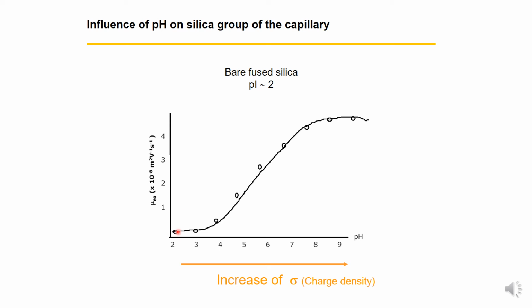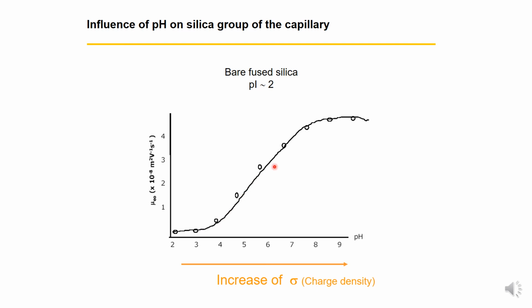So we have to see the silica group and the protonation, or deprotonation, of the silica group. And this is influenced by the pH. Then when we increase the pH of the solution from 2 to 9, we increase the charge density of the inner surface of the capillary. So here at pH 2 we have protonated silanol groups, so we have a very low electroosmotic flow.